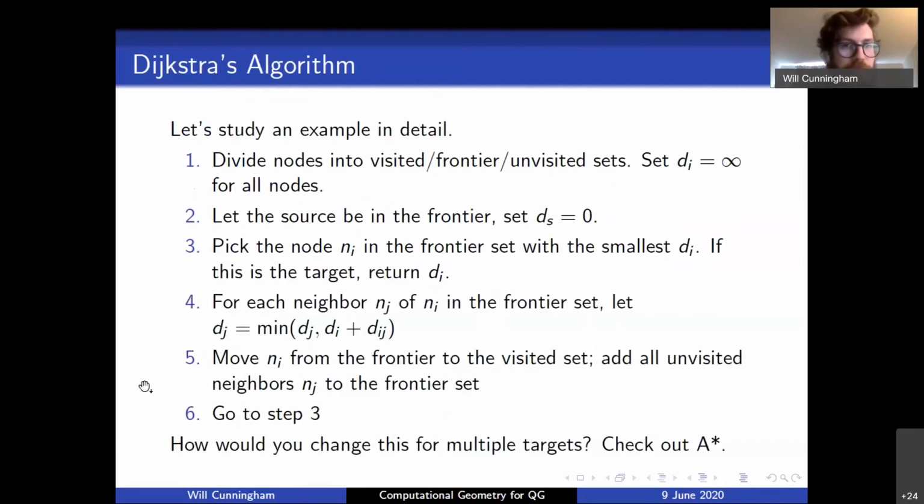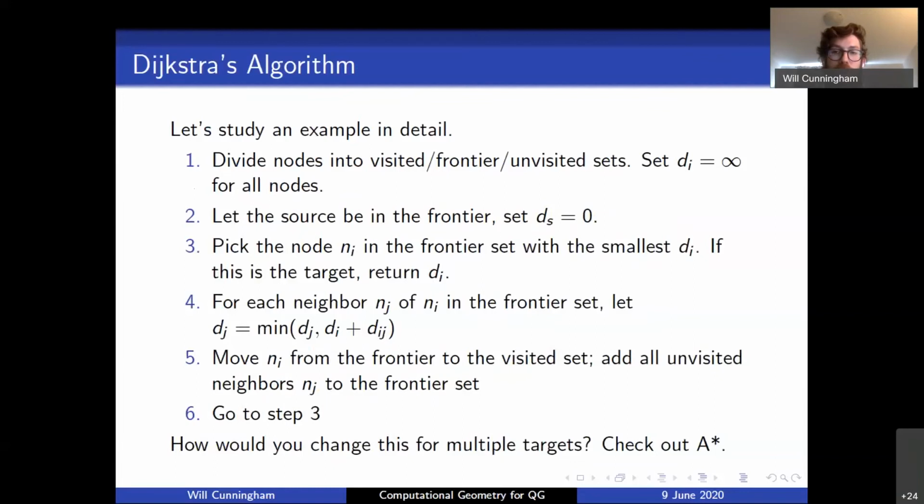So let's look a little bit more closely at Dijkstra's algorithm here. What we're going to do is take our full set of nodes and divide them into 3 categories. They're either visited, in the frontier set, or unvisited. Maybe just from these names, you can see how we're going to traverse the graph.